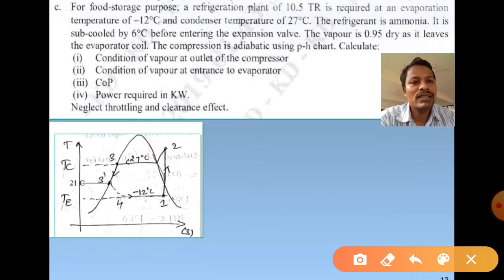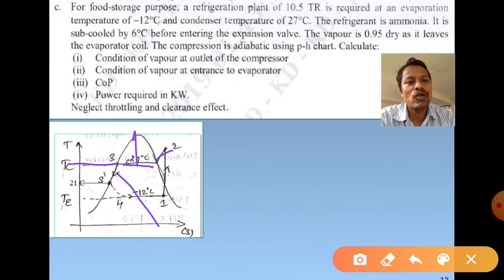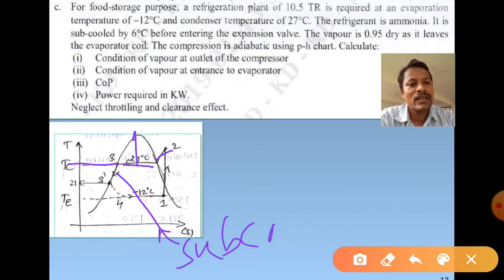So from 1 it gets superheated, we assume it is T2, and from T2 to T2 dash it gets desuperheated, then enters the condenser at 27 degrees Celsius, rejects its heat energy and comes out at the same temperature, 27 degrees Celsius. T3 is 27 degrees Celsius only. Then from 27 degrees Celsius it undergoes the undercooling process, that is the subcooling process. Subcooling by how many degrees Celsius?